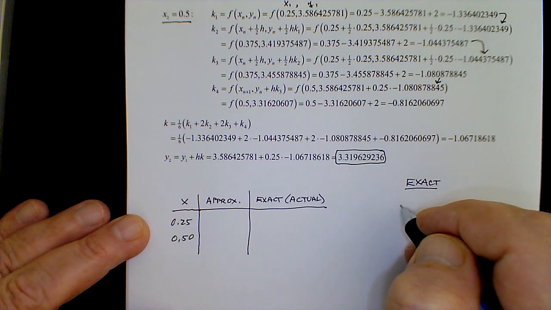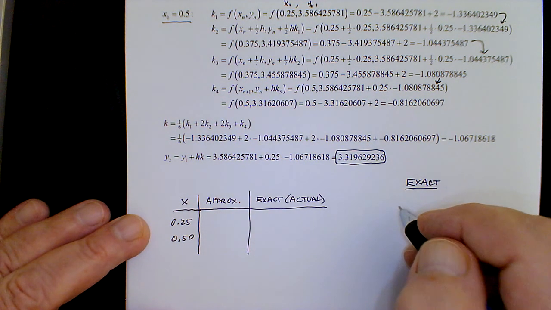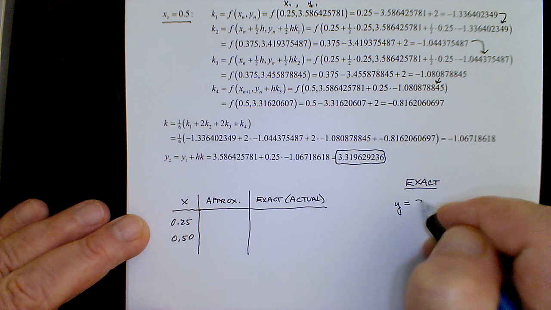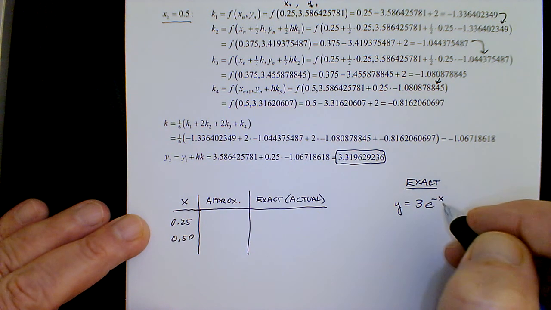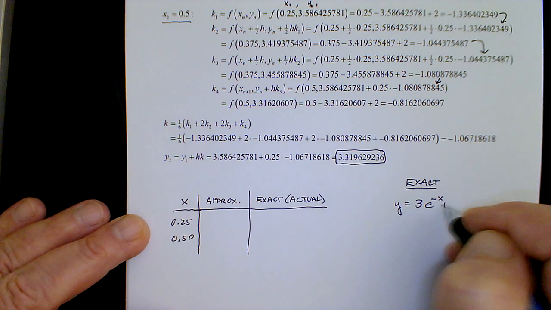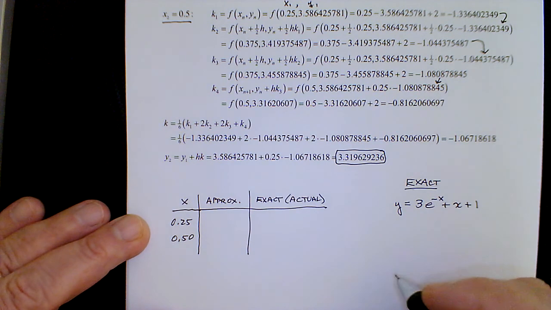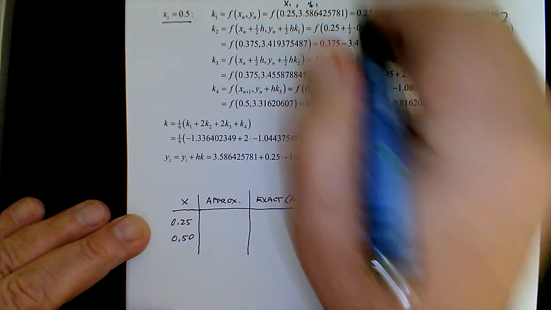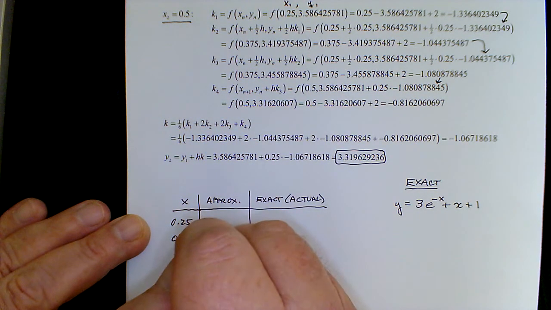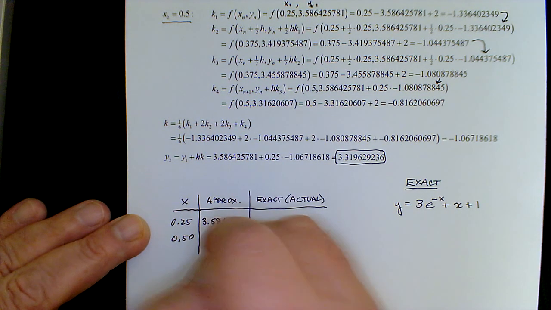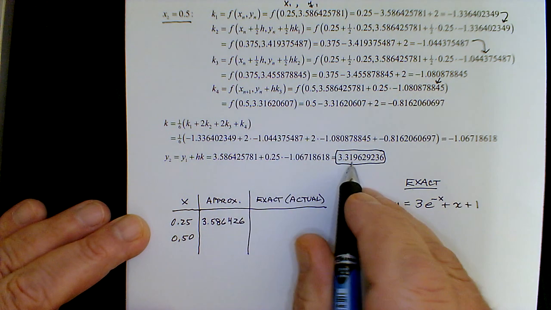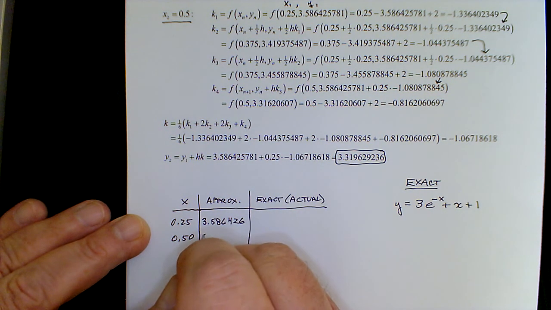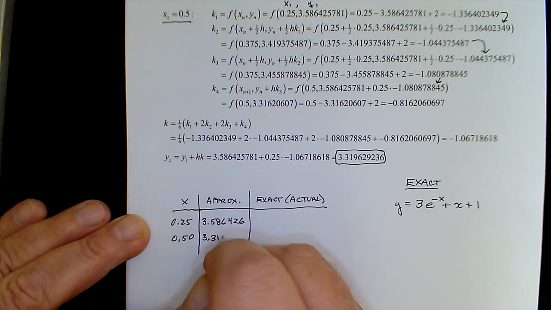And if we look back at the solution, it was 3e to the negative x plus x plus 1. And so for our approximations, 0.25 was the 3.586426. I'll go to 6 decimal places. And for 0.5 is 3.319629, again to 6 decimal places.